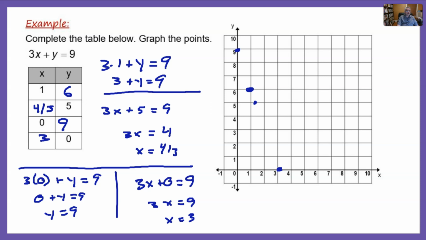So a little hard to see, but I think once I draw the line through these, it should line up pretty well. Okay, so that would be the graph of this line. So in order to graph a line, we have to find a few points, and we did. And once you plot them, you can use a ruler and draw a line through them.